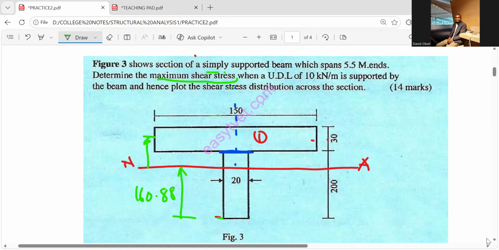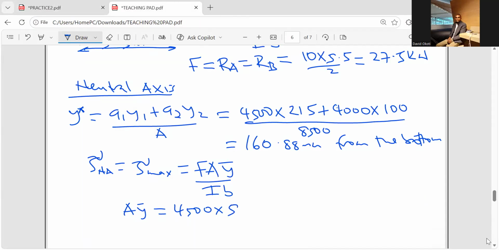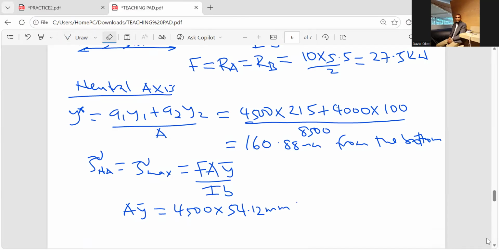That is the distance from the neutral axis to where the flange starts. Then I add 30 divided by 2, which is half of the flange. I'll get 54.12. Then I add that due to web.